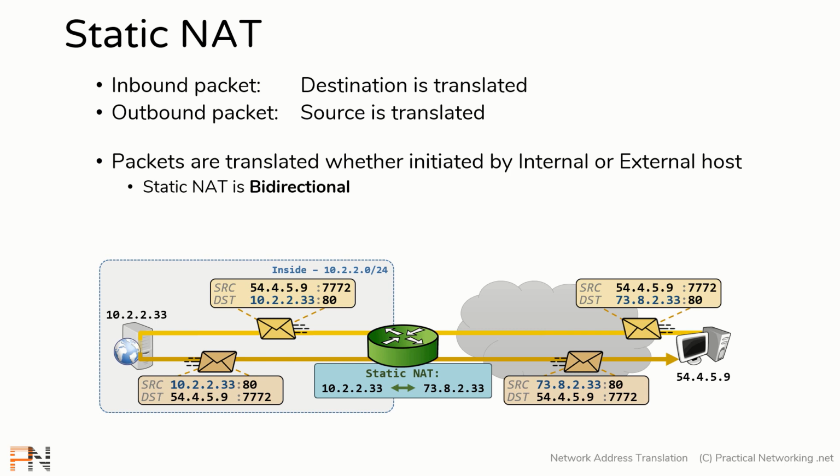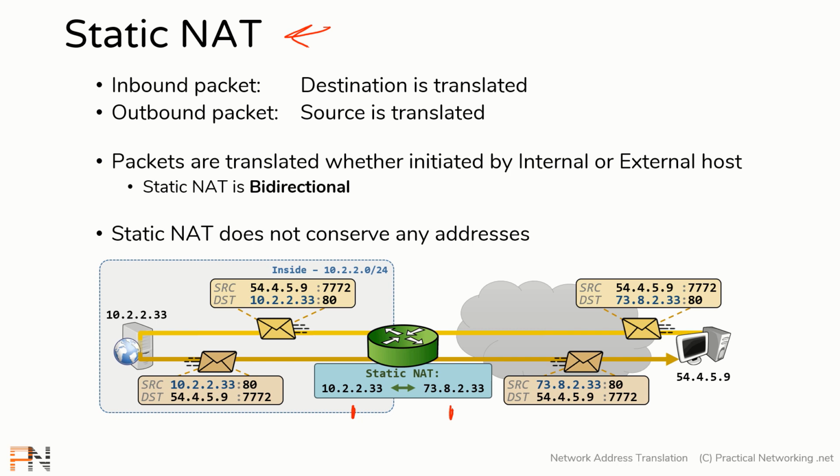And finally, the last thing we want to point out about static NAT has to do with the original purpose of NAT, is that a static NAT does not conserve any IP addresses. Notice here we have one private address being translated to one public address. If we had another host on our inside network that also needed a static NAT, it would have to have its own public address.